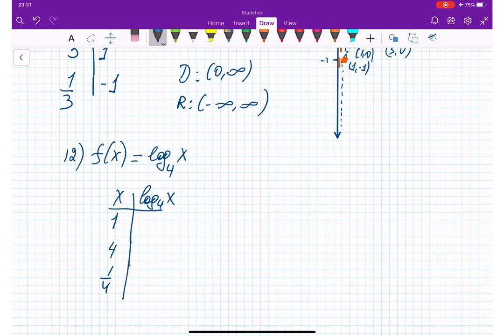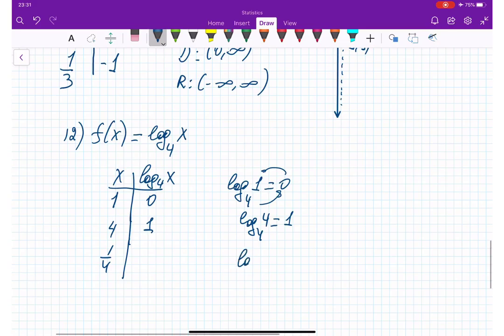So when x is 1, then log 1 by base 4 is going to be equal to 0, right? So 4 to the power 0 is equal to 1. And then if I have 4, it's going to be equal to 1. And if I have 1/4, it's going to be equal to negative 1. Yes? Okay.